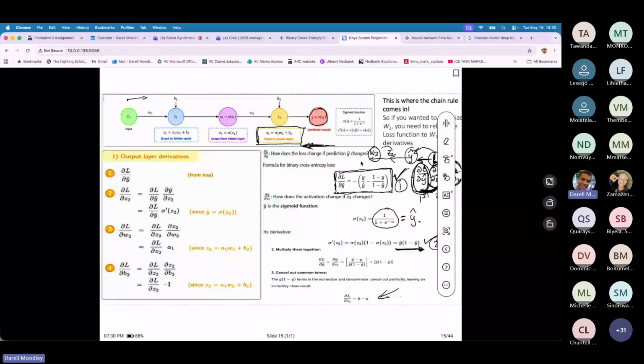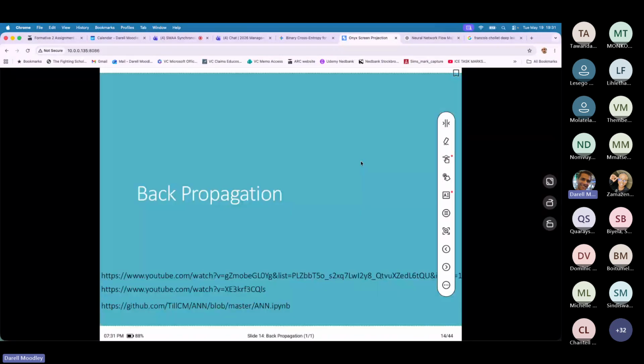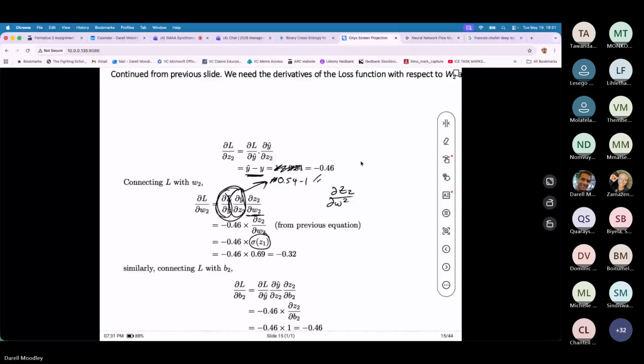And the value in front of it is your sigma of z1. That's why it's just sigma z1. And we know what sigma z1 is because we did it in the forward pass. Okay, so if you're not sure, I'll just go back a slide and I'll show you what sigma 1 is because we did it in the forward pass step. Yeah, we know what our sigma 1 is. It's 0.54. So then you substitute that value and you have your derivative of L with respect to dw2.